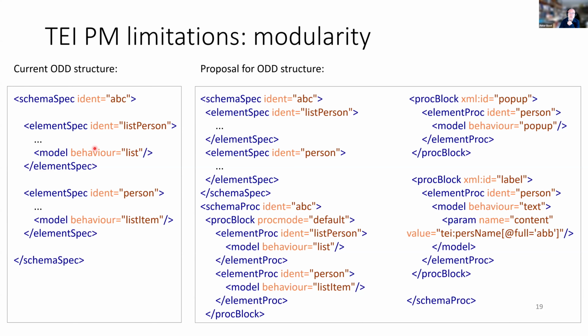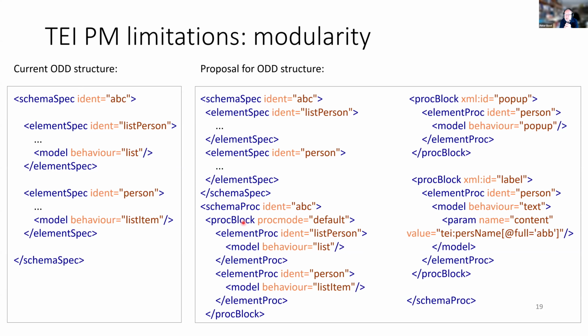So what I think would make much more sense is to remove the processing out of the schema specification. After all, it also has nothing to do with the schema. It's really different. And to introduce as a sibling to the schema specification element a schema proc, a schema processing element, which would be divided not on the basis of elements, but on the basis of some sort of processing blocks.